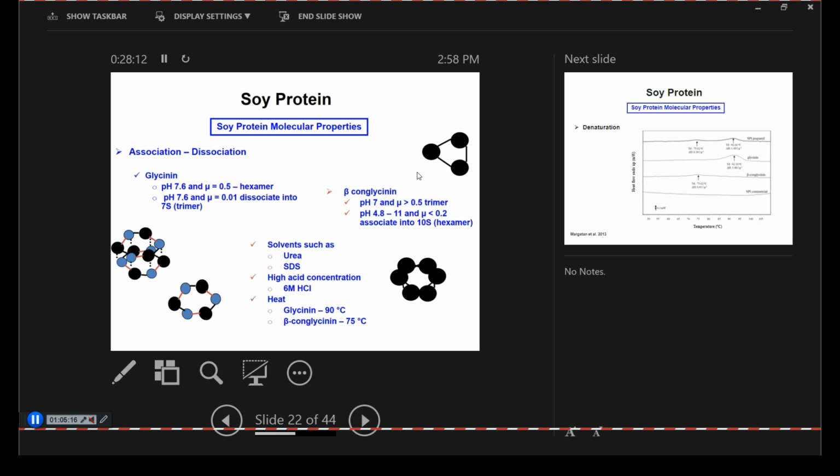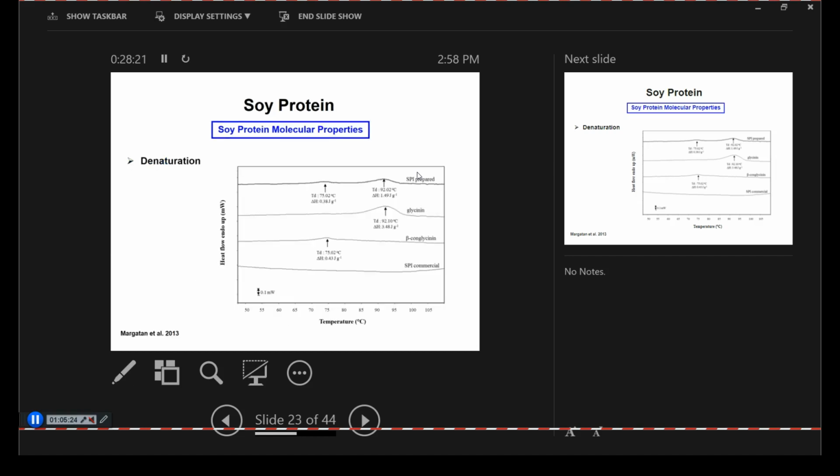You don't have to memorize that, but under other conditions it becomes a hexamer. All right, I'm going to give you a 5 minute break, and we'll hopefully finish this and do the exercise set 5 together.